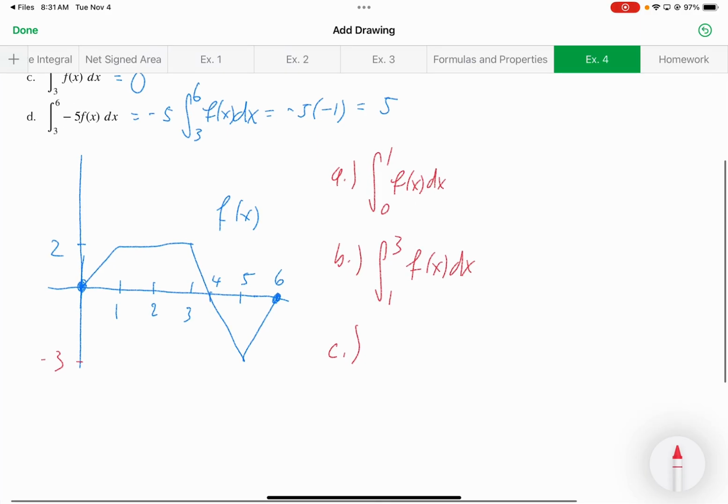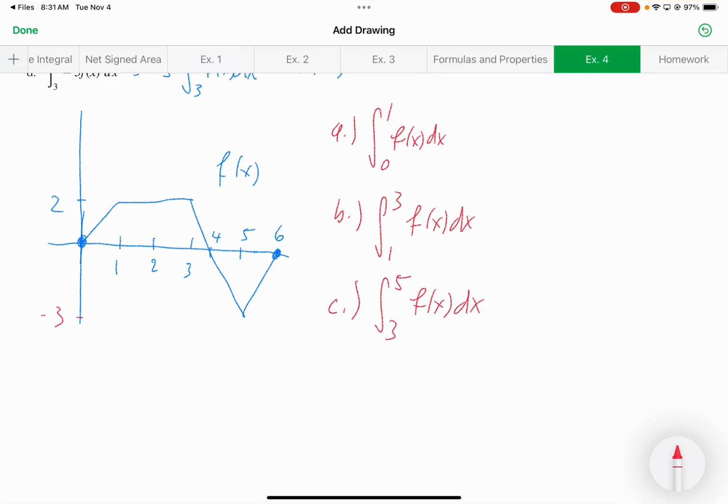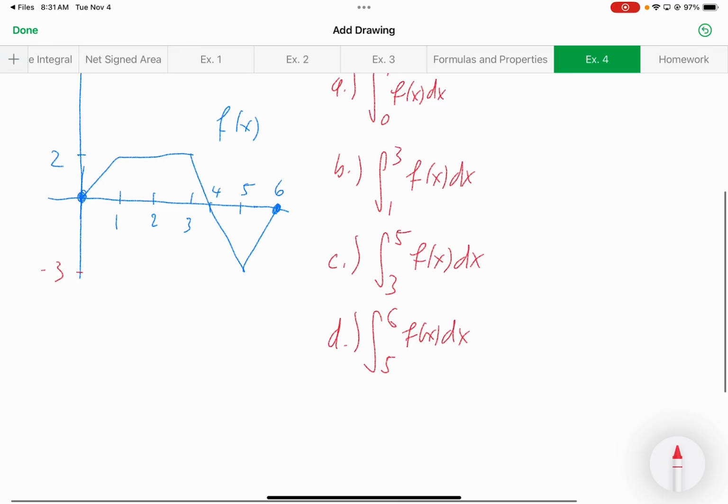Let's say integral from 3 to 5 of f of x dx. And then integral from 5 to 6 f of x dx. And then integral from 0 to 6 f of x dx.